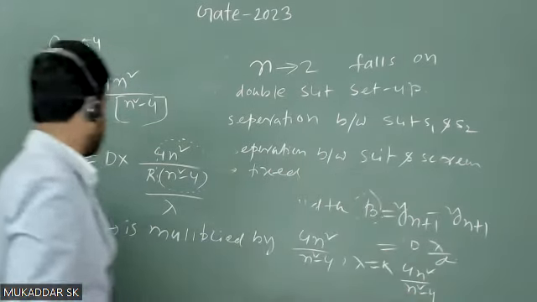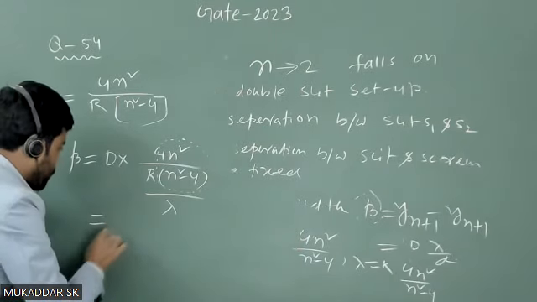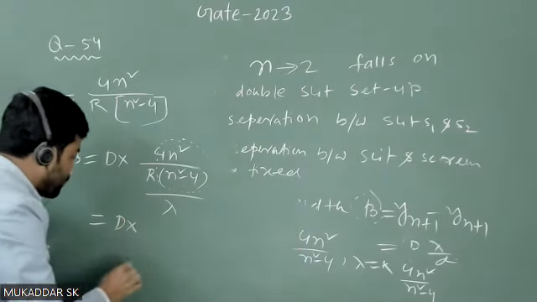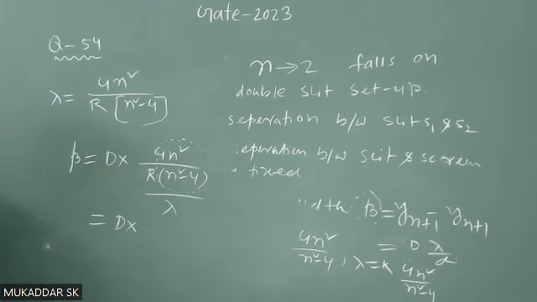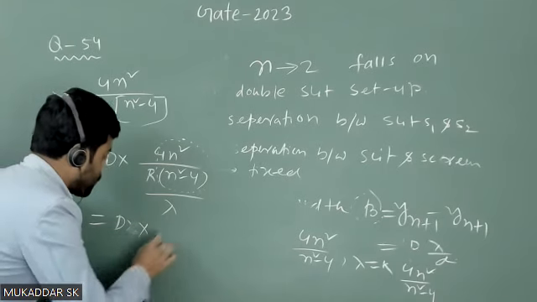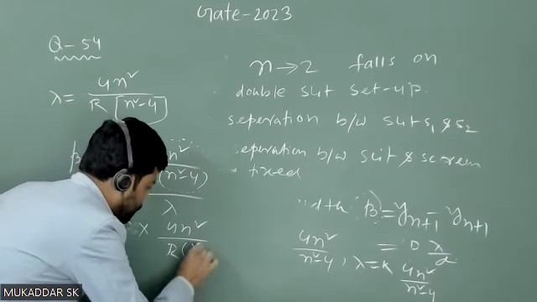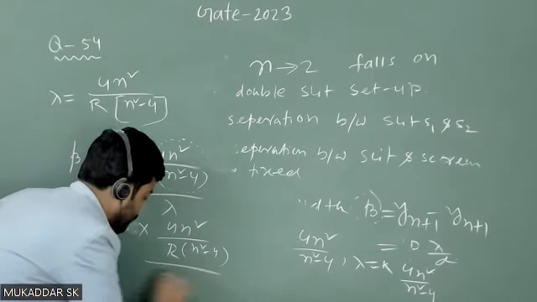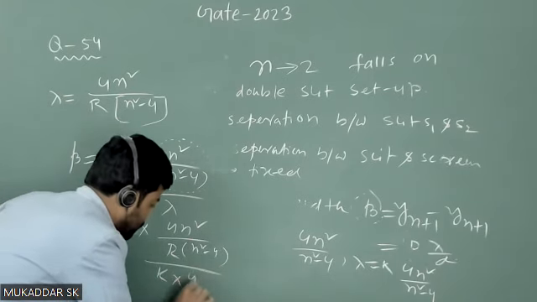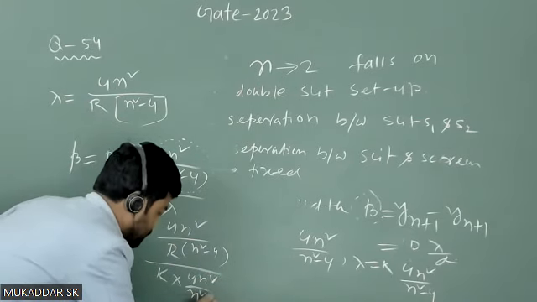Now if I substitute these values here, what do we get? D into 4n square divided by R n square minus 4, divided by k into 4n square by n square minus 4.